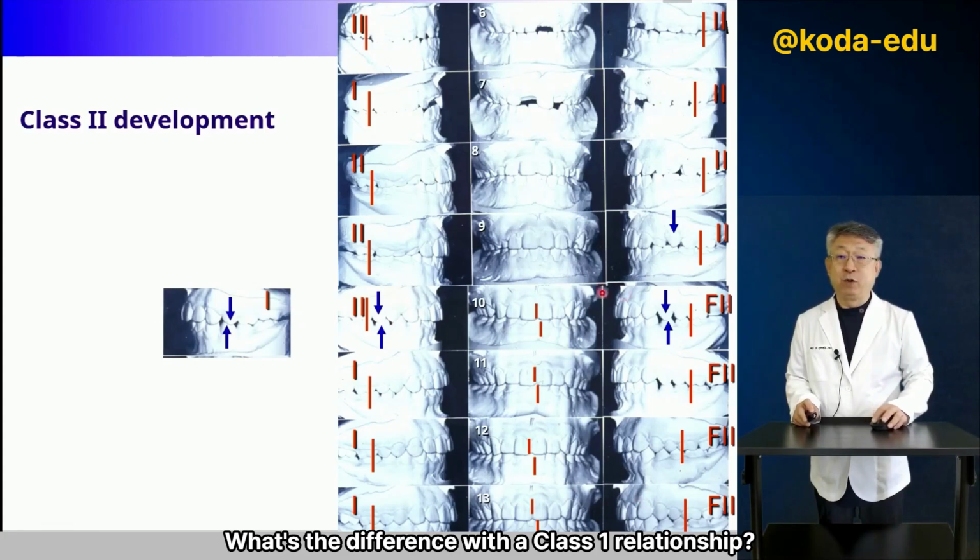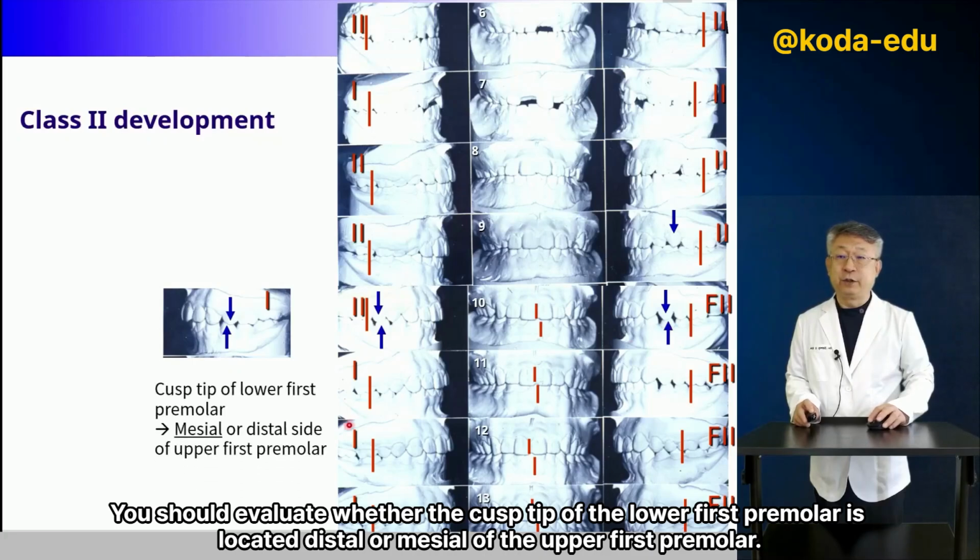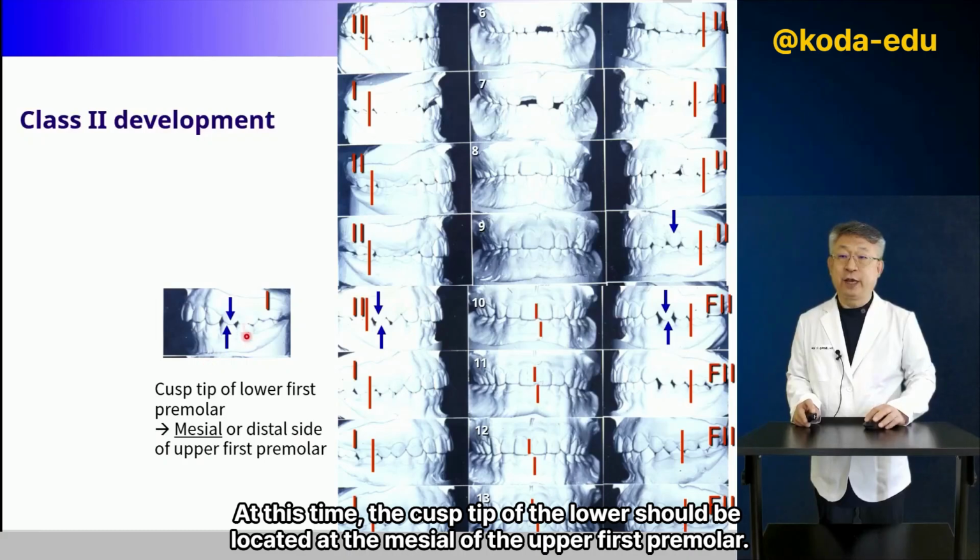What's the difference with a class 1 relationship? You should evaluate whether the cusp tip of the lower first premolar is located distal or mesial of the upper first premolar. At this time, the cusp tip of the lower should be located at the mesial of the upper first premolar.